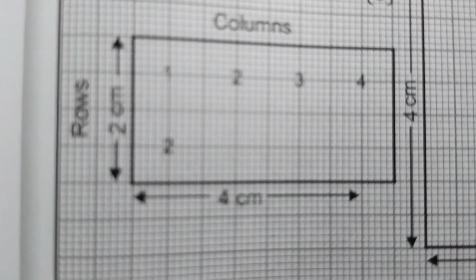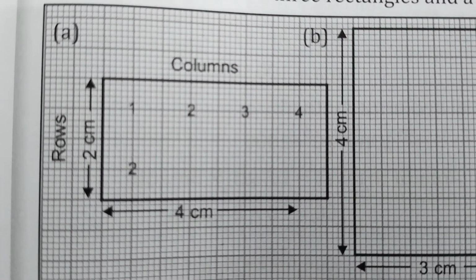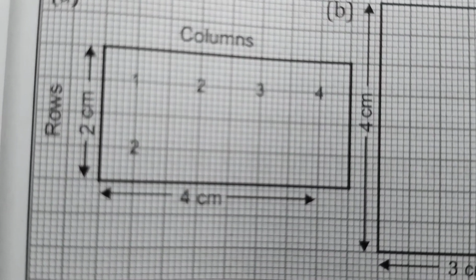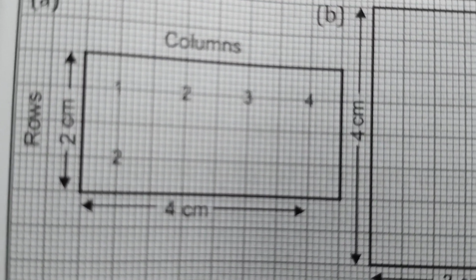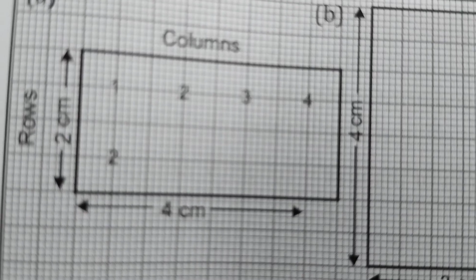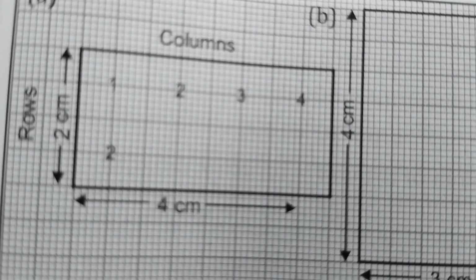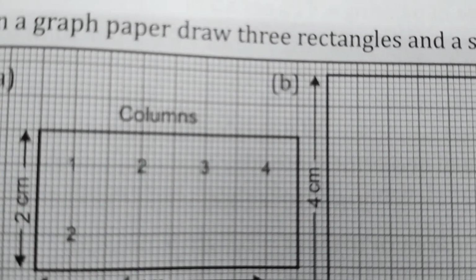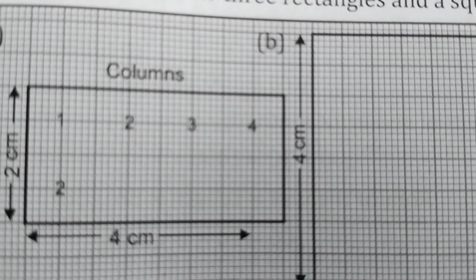You can see in the box here, in figure 1a, 2 centimeter breadth and 4 centimeter length is given. 4 into 2 is equal to 8 square centimeters, which is the area.